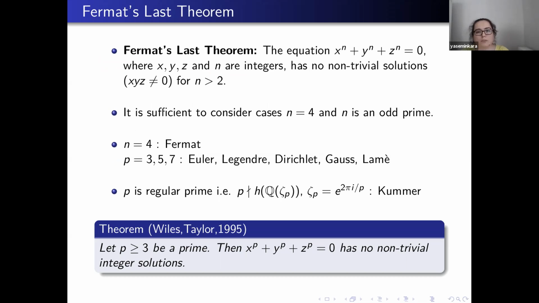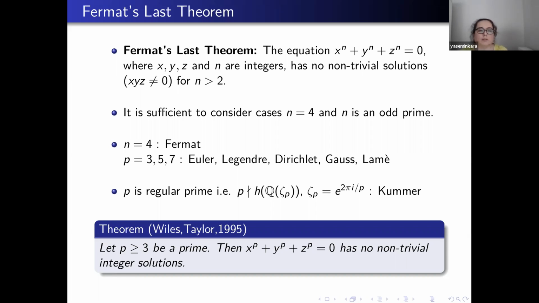So let's start with the Fermat equation. As everybody knows very well, Fermat's last theorem states that the equation x^n + y^n + z^n = 0 has no non-trivial integer solutions for n bigger than 2.